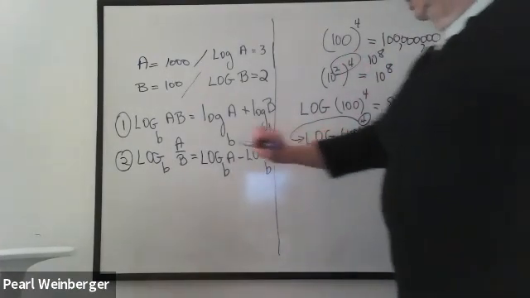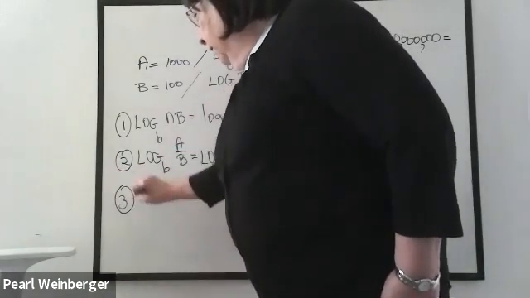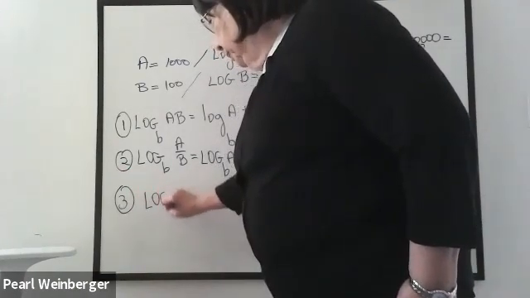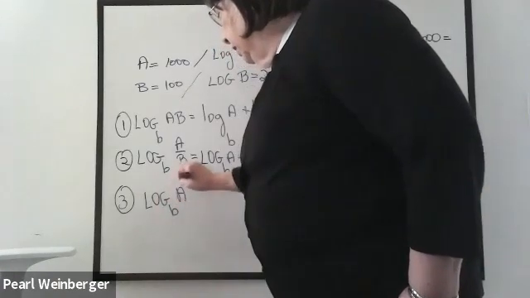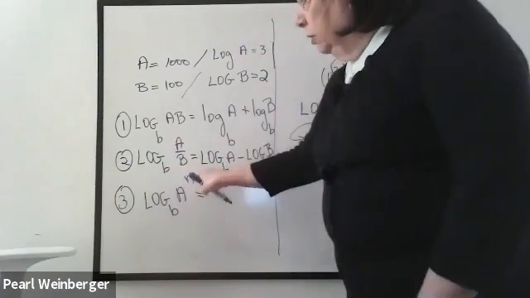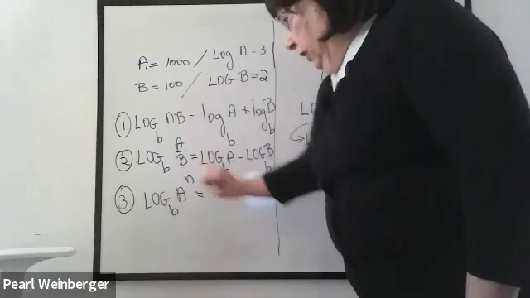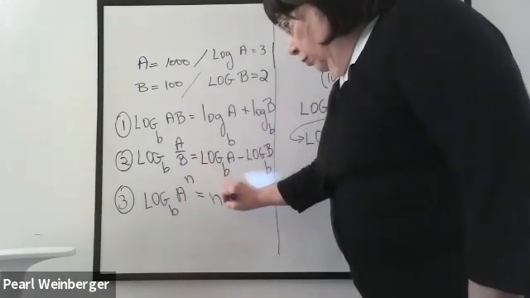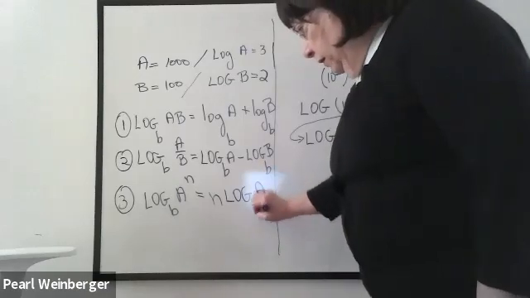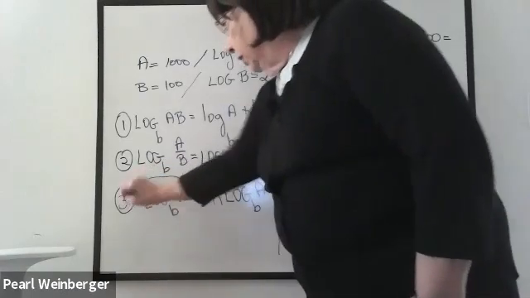In other words, if I want a rule for this, the log of some number to the nth power, if you're raising your number to some exponent, when it comes to the log, you take that exponent and you multiply by it. The exponent becomes the coefficient. You move this to in front.